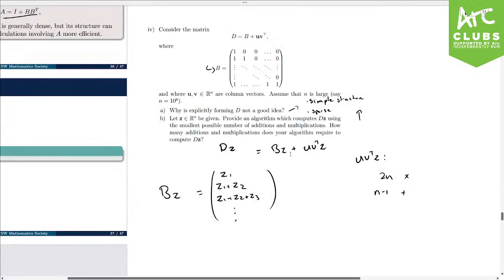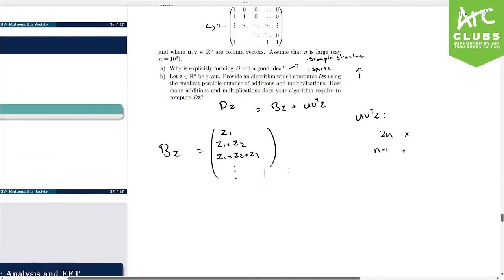An algorithm that can be used to compute this efficiently is just, say if we let Bz equal to Y, then you can set Y1 is equal to Z1, Y2 is Z2 plus Y1, and then Y3 is Z3 plus Y2 and so on.